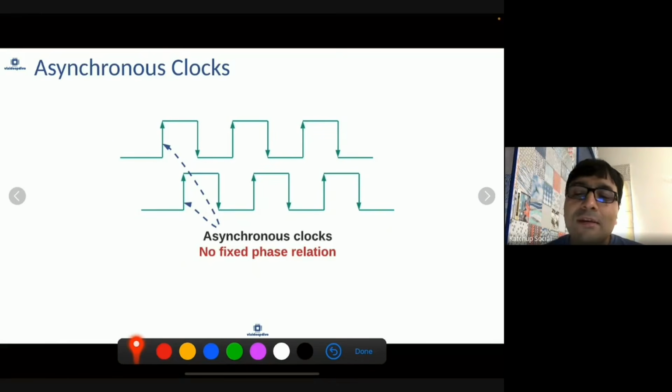Now, STA focuses on synchronous clocks. STA can only time paths between synchronous clocks. Between asynchronous clocks, STA cannot do any analysis or time paths. For asynchronous clocks, there is a separate set of tools, clock domain crossing analysis tools, which are used, but the STA domain or region is synchronous clocks.